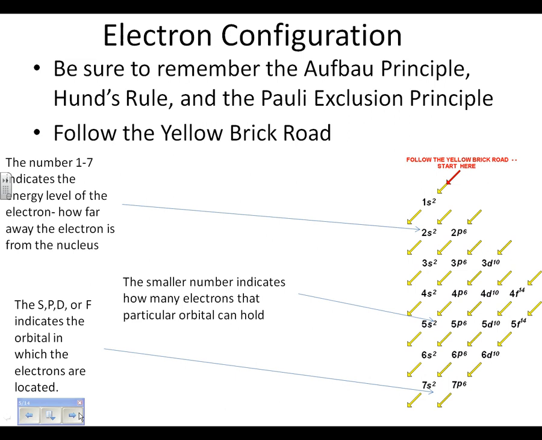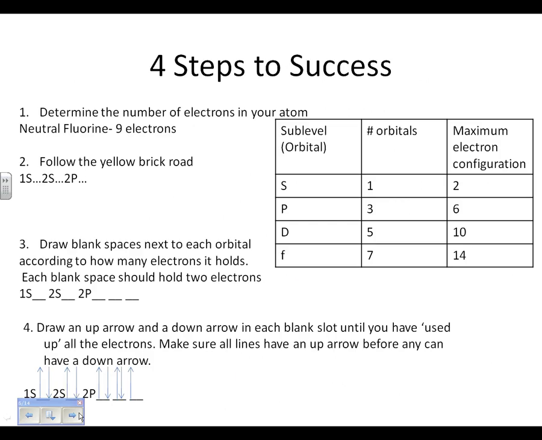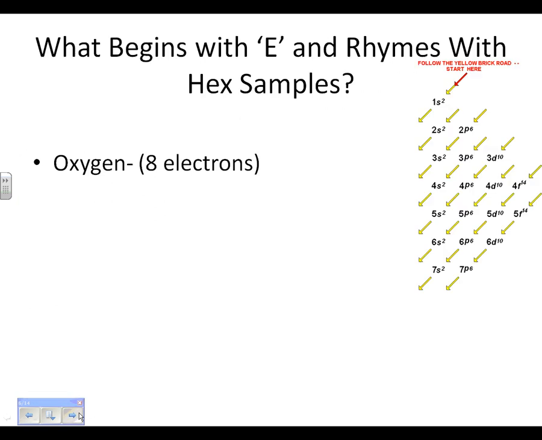Let me demonstrate by showing you how the electrons in oxygen look. Always make sure you write down the number of electrons that you're configuring. So oxygen has 8 electrons, so I always write down 8e negative. And I know we always start off with a 1s orbital.